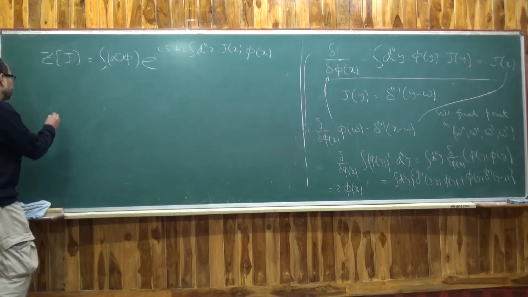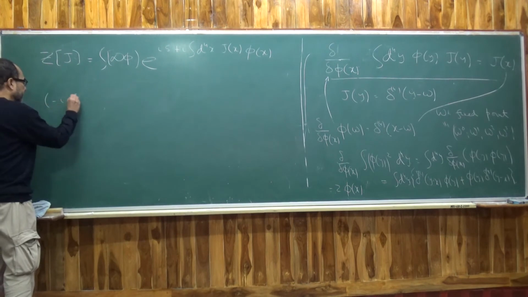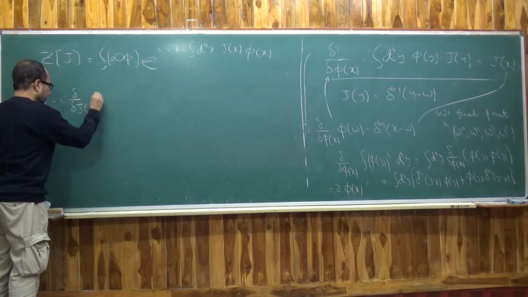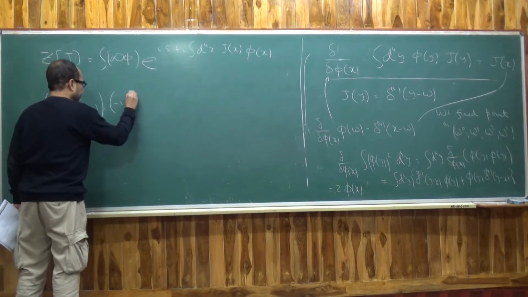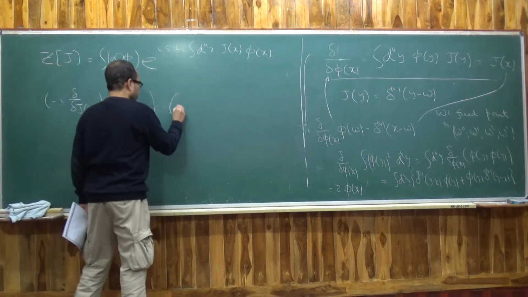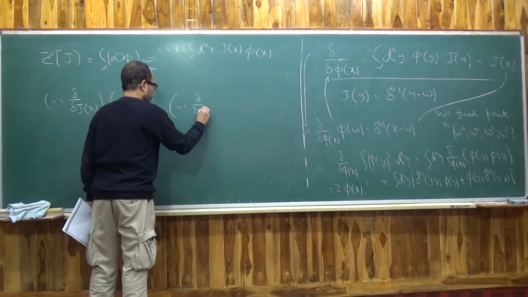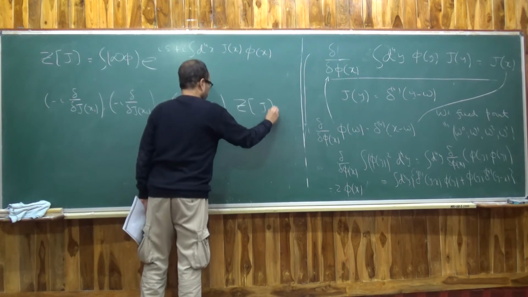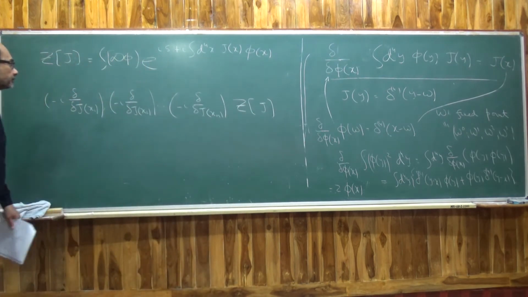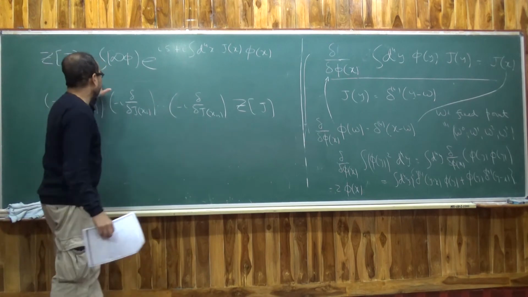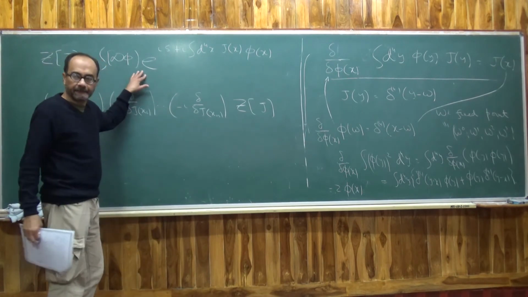Now let's try to calculate this object, minus i delta/delta J of x1, minus i delta/delta J of x2, and so on. J and phi are of course independent variables, so delta/delta J you can take inside the integral.